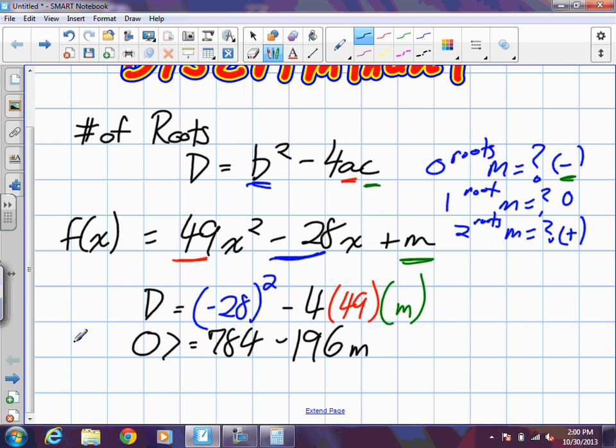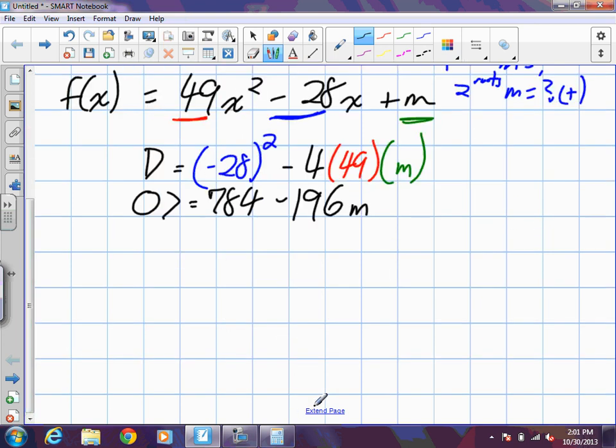So what we're going to do is we're going to isolate for our m. We're going to look for a value when it's greater than 0. Well, we haven't really talked about an inequality, but the idea is we're going to move this to the other side. What does it become? Okay, so negative 784 is greater than negative 196m.